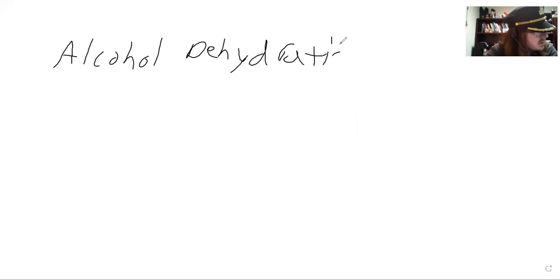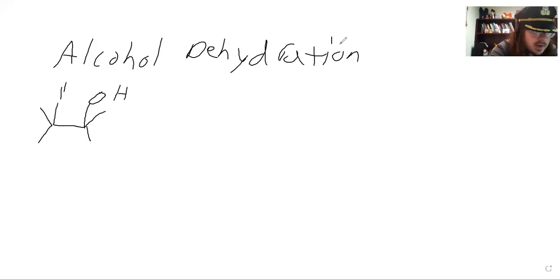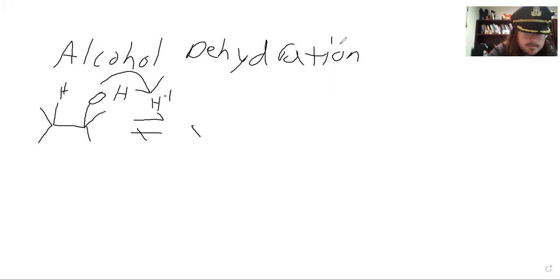Almost all of these reactions start with protonating the alcohol. In the presence of strong acid, attack here, form a good leaving group. So kick that off.